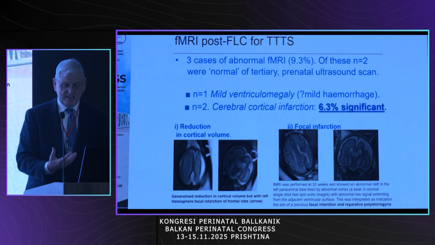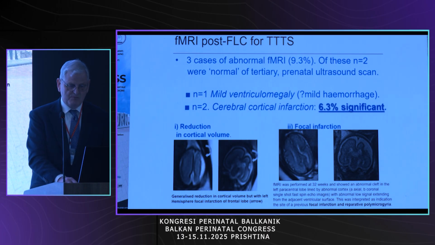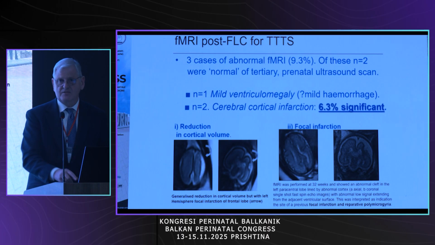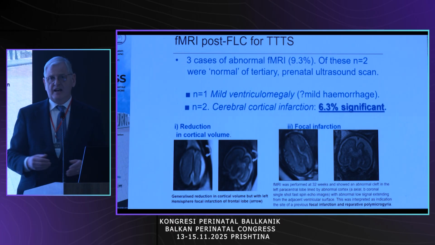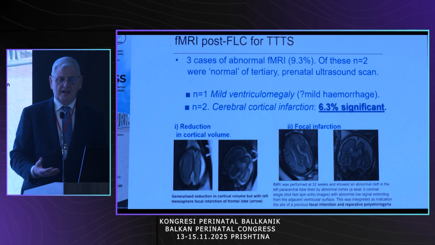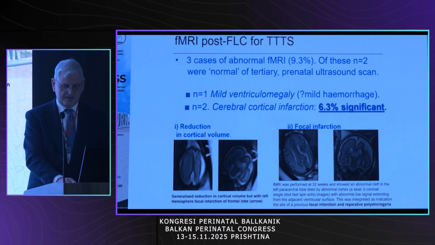So sometimes significant brain morbidities. And identifying those, certainly in the UK, then allows a discussion with parents to warn them of handicap, and in some cases, the option of termination of pregnancy.